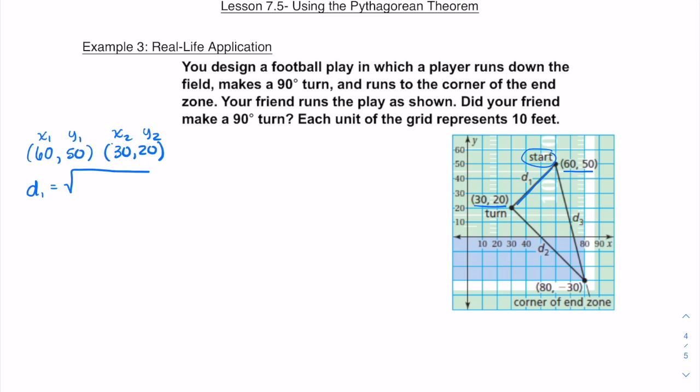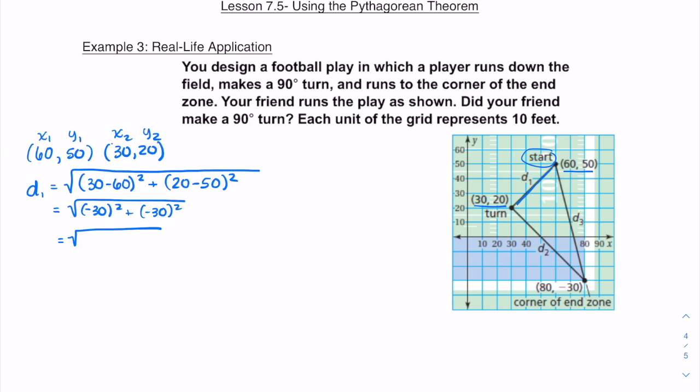De nuevo, this long equation. I'm going to have X2 minus x1 squared. And then y2 minus y1 squared. Okay, you're going to have negative 30 squared, and you're going to have negative 30 squared.